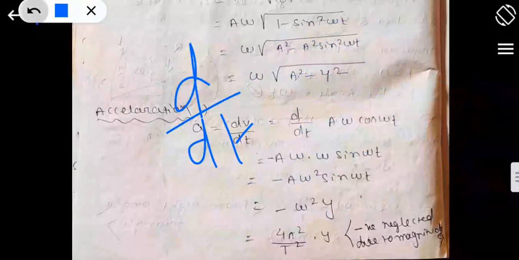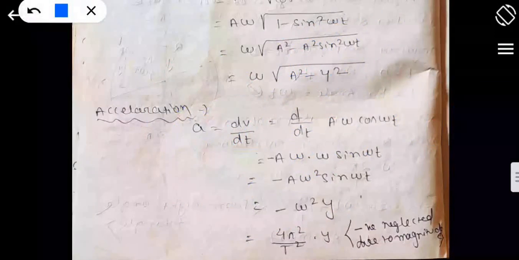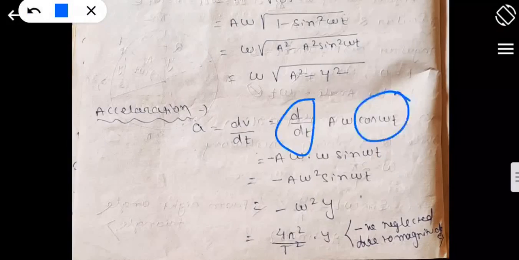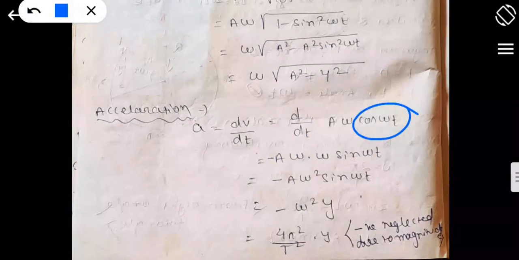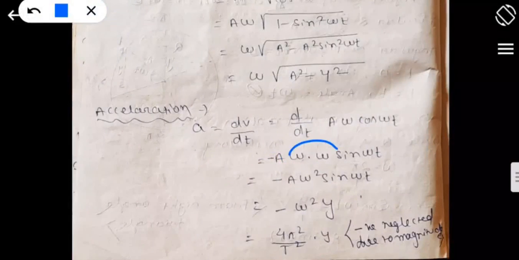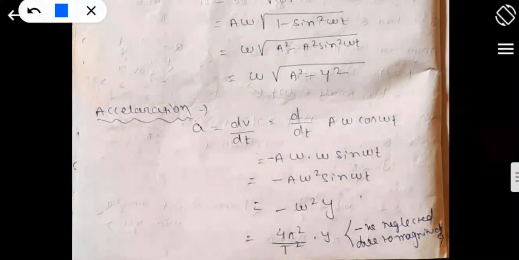So this is minus a omega square, or you can say minus a omega into omega sine omega t. A omega is outside and the differentiation of cos omega t is omega sine omega t with the negative sign outside. So omega into omega is omega square, giving omega square sine omega t.